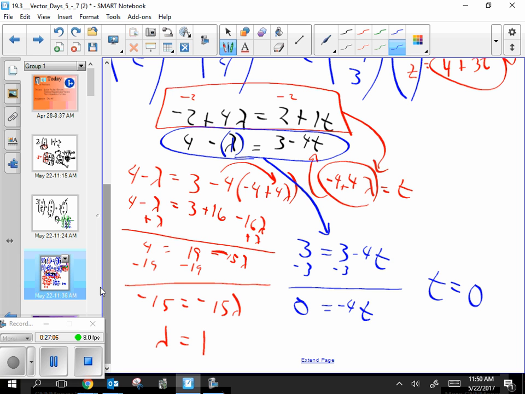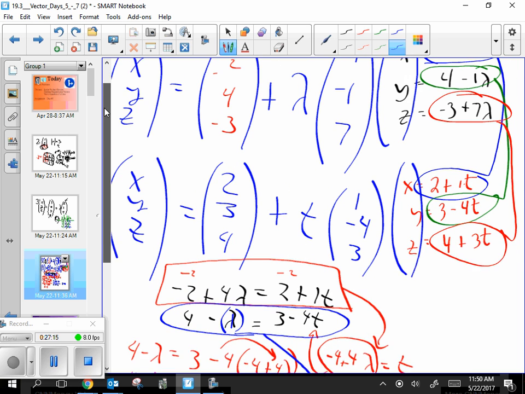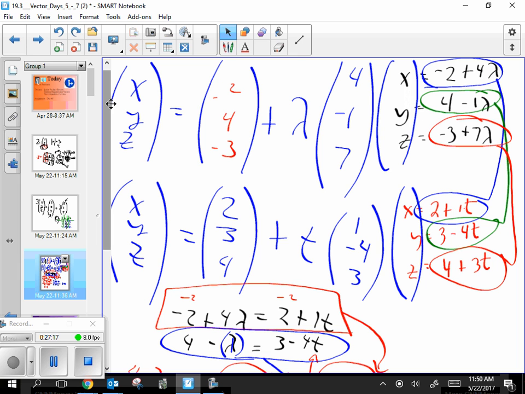Here's the easy part. Finally, an easy part. If t equals 0 and lambda equals 1, I can put that in here, t equals 0 in my original equation, and lambda equals 1 in my original equation, and that'll tell me the spot where they intersect, and they'll come out the same.